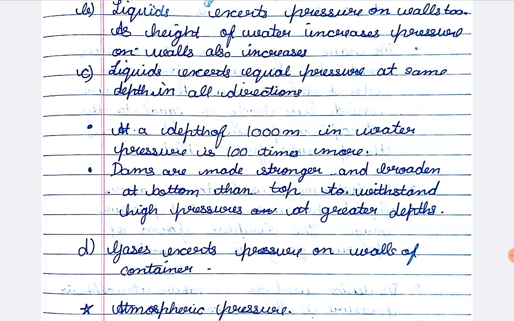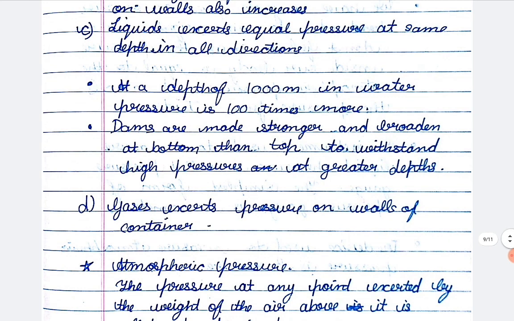Like if we take a water bottle and fill it till the neck, and make 3 or 4 holes, then when the water comes out, we will see that the distance at which it falls out is the same. So it means liquids exert equal pressure at the same depth in all directions.